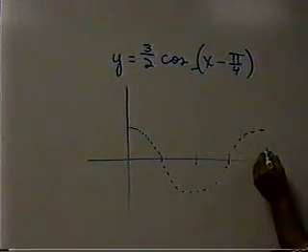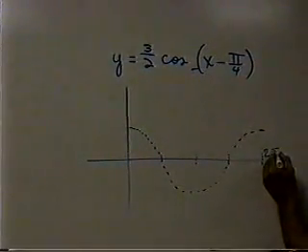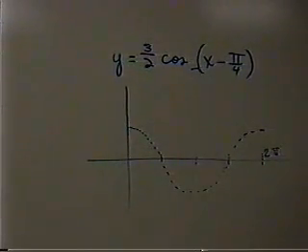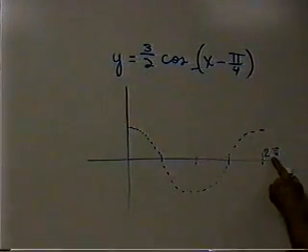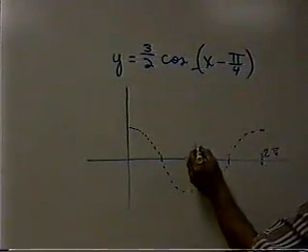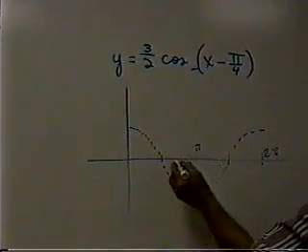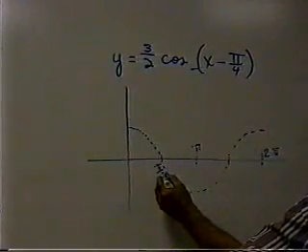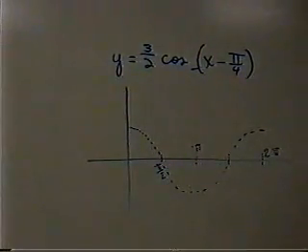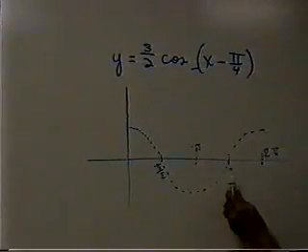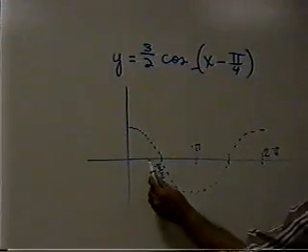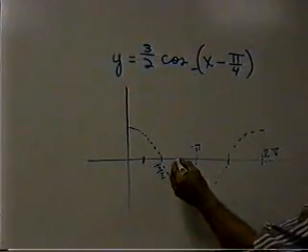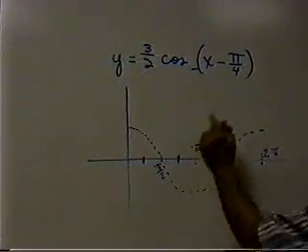I'm going to go ahead and do 2 pi. So if that's 2 pi, then this is pi, and this is pi over 2. Now watch. If this is pi and pi over 2, halfway is pi over 4. And that's what this is.